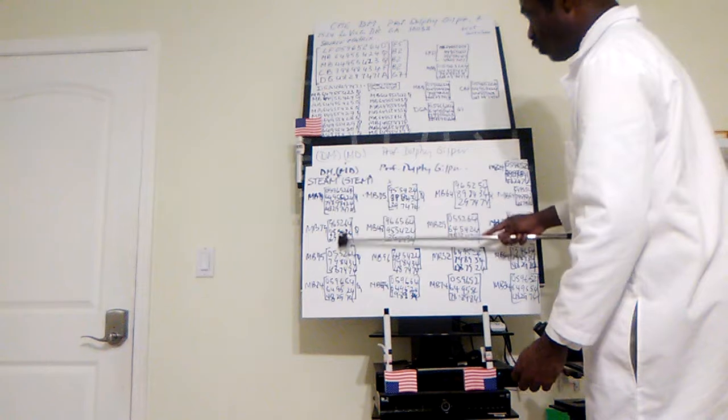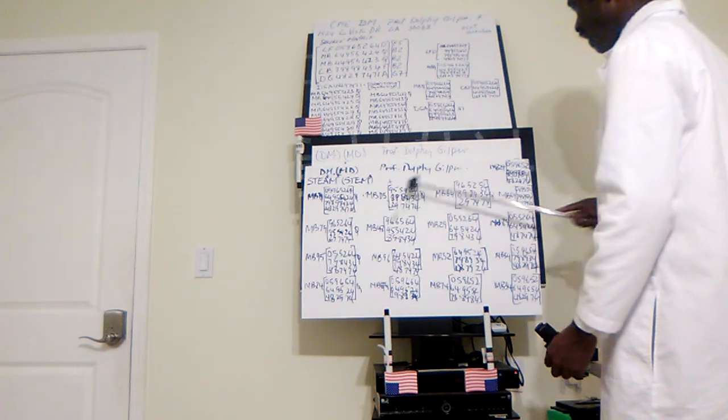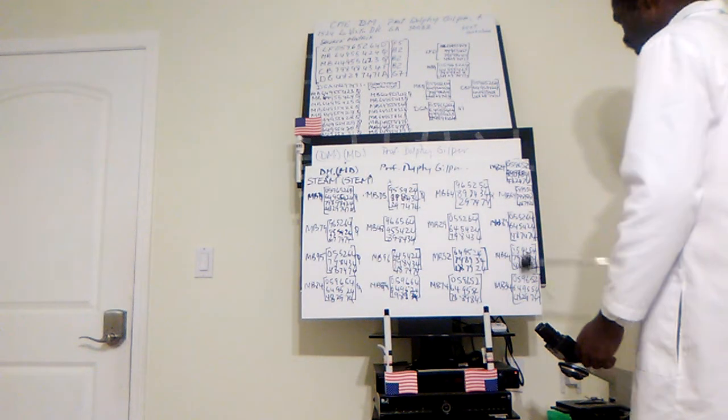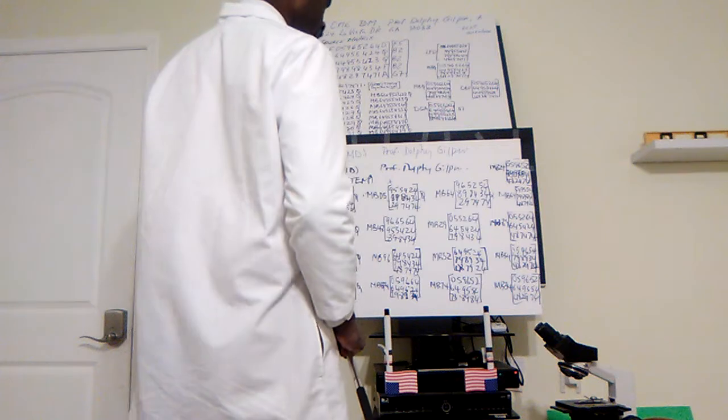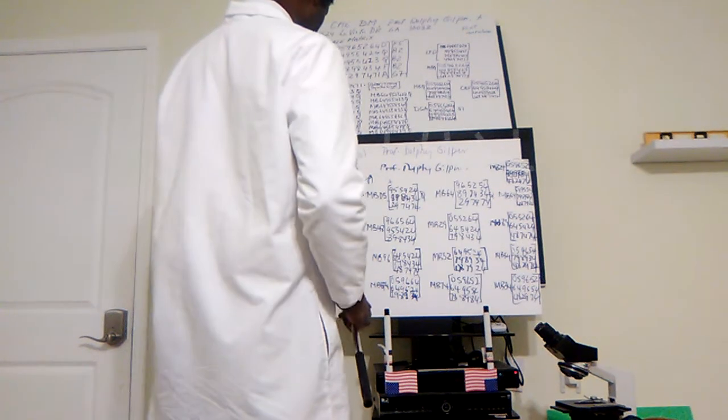How many? 1, 2, 3, 4, 5, 6, 7, 8, 9, 10, 11, 12, 13, 14, 15, 16. I think there were 18 4x4 here. 1, 2, 3, 4, 5, 6, 7, 8, 9, 10, 11, 12, 13, 16, 17.